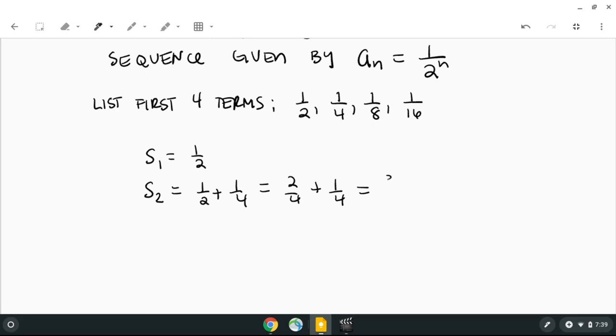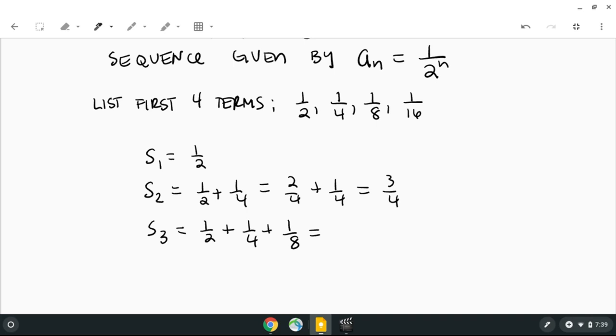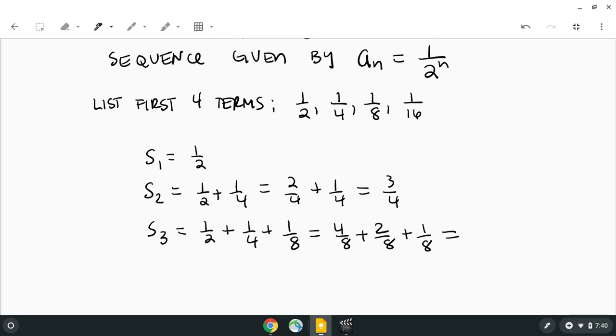So S2 is 3/4. S3, the sum of the first 3 terms, is 1/2 plus 1/4 plus 1/8. The common denominator here is 8. So 4 over 8 plus 2 over 8 plus 1 over 8, that's 7 over 8.